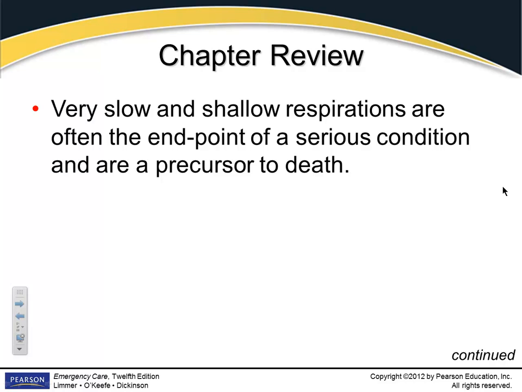All right, review. Very slow and shallow respirations are often the end point of a serious condition that are a precursor to death. And I want to give you a name for that type of respiratory pattern. What is it? Yeah, downhill. These are agonal respirations.